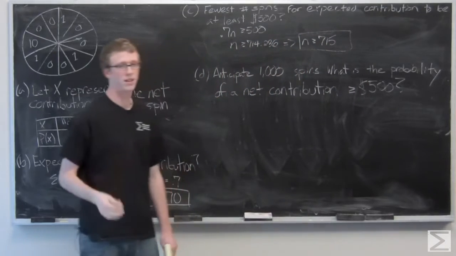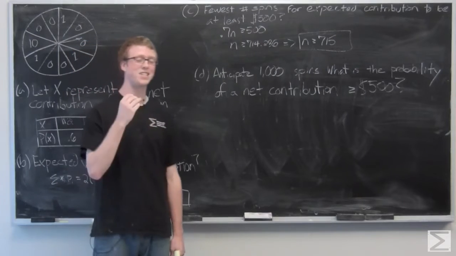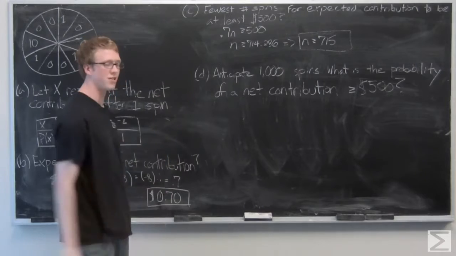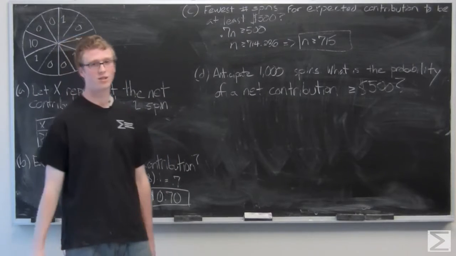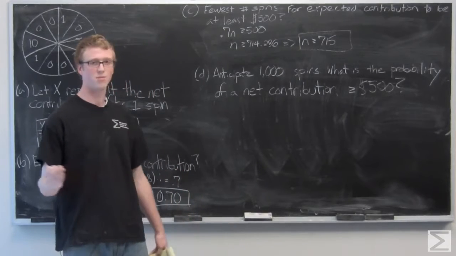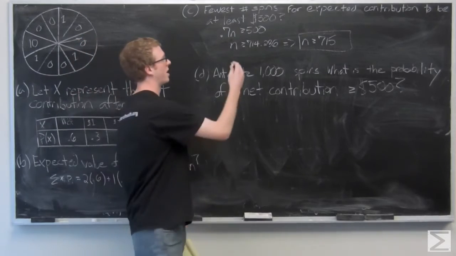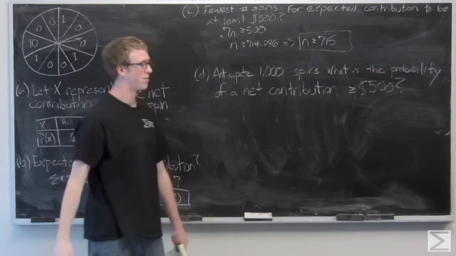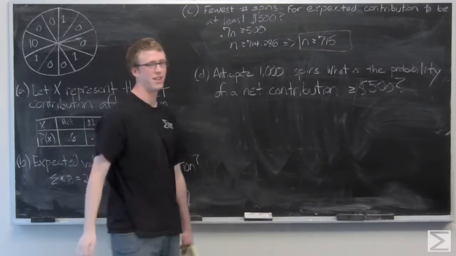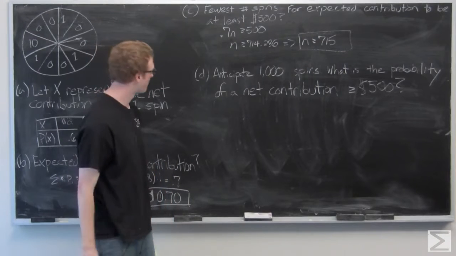So we're expecting that the fewest number of spins for the expected contribution to be at least $500 is 715. That's not necessarily true. You could have a couple hundred spins landing on the 10 for no apparent reason. It's complete probability, but we're guessing that the fewest number of spins for the expected contribution. The key word is that that contribution is what is expected.